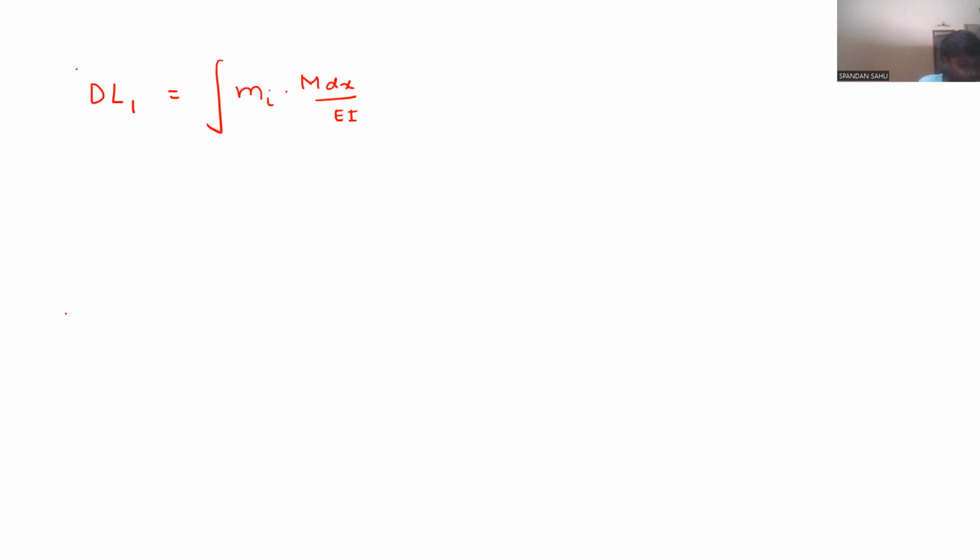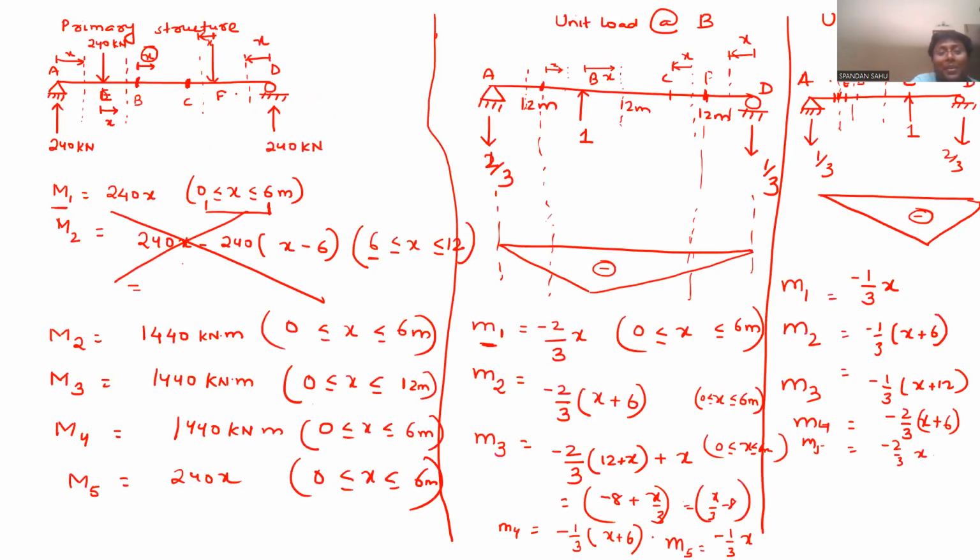Correct or wrong? Correct one. Now you give one at a time, then you have to solve. From A to E, capital M1 is this, multiply with 240, dx by EI, integrate from 0 to 6.